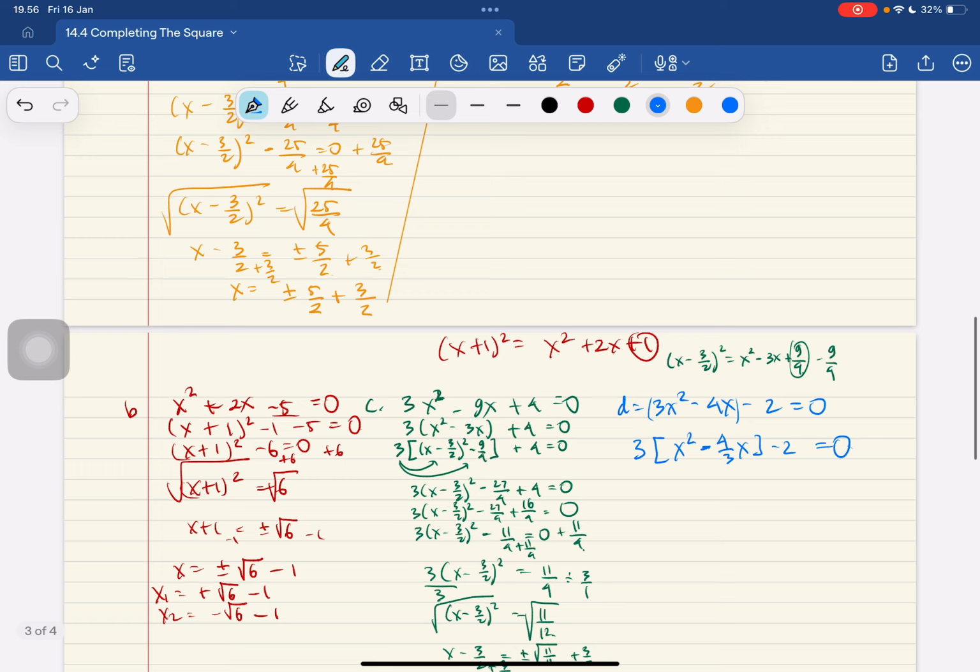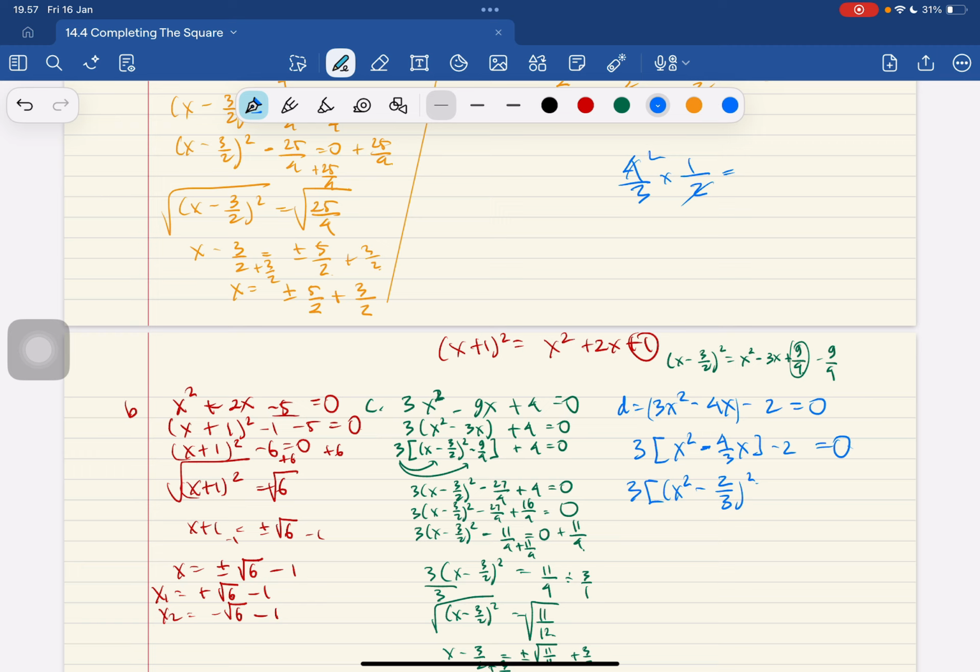Okay, the coefficient of x squared is now 1, so we make it 3 times the bracket x squared, minus 4 over 3 x. Here, 4 over 3, we take a half. This means we multiply by a half, so this is going to be 2 over 3, minus 2 over 3 squared. What is the number that we don't want?